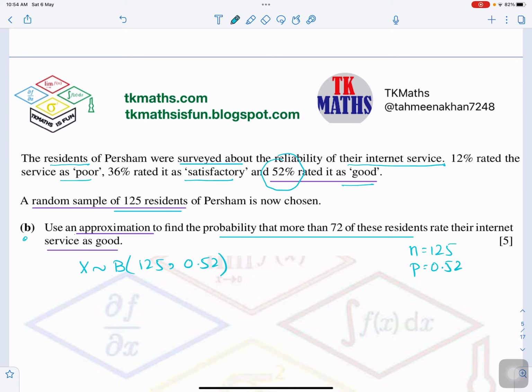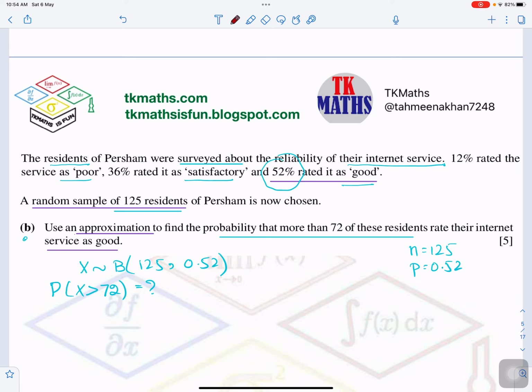But we don't have to solve it that way. The question is to find the probability of x greater than 72. We do not have to use the binomial distribution, because the question is very clearly saying use approximation, and the approximation in the syllabus for a binomial question is the normal approximation.